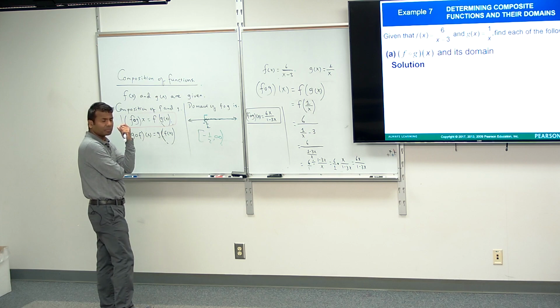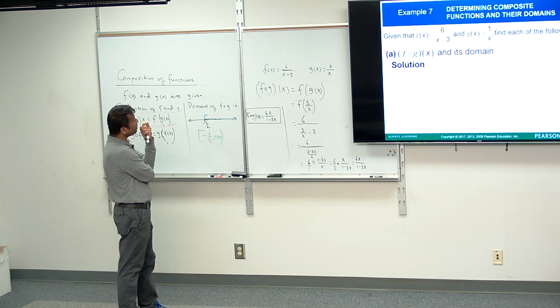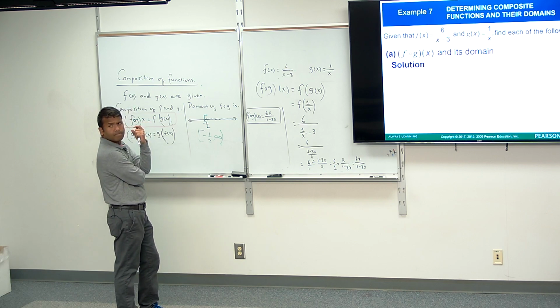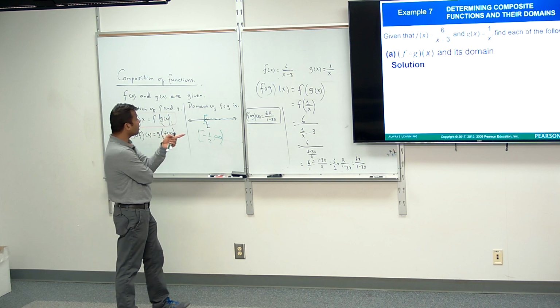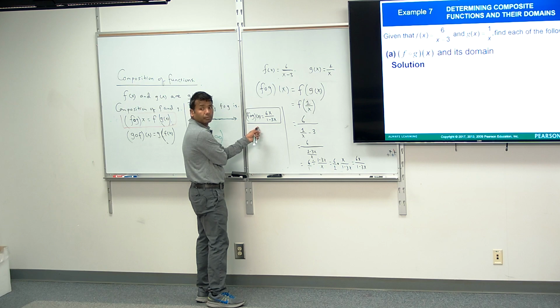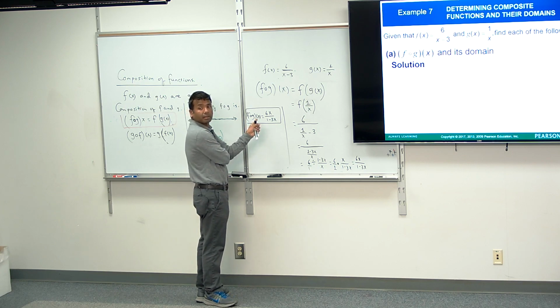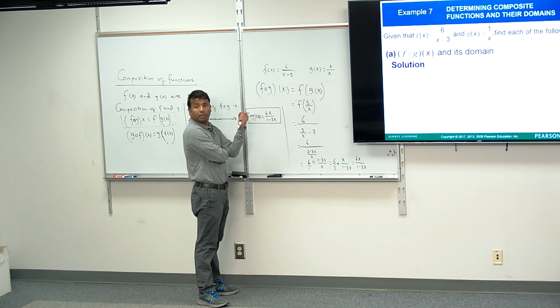Make sense? So now, how do you find the domain of this function? What values of x make the denominator 0? Because if the denominator is 0, this function will be undefined. Is that right?